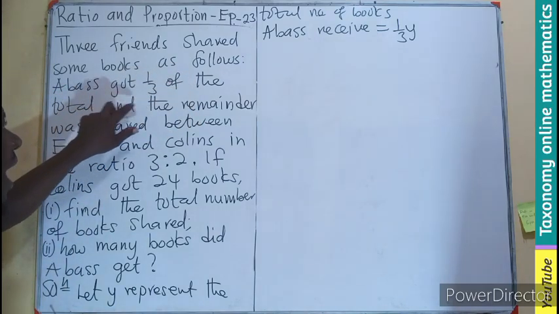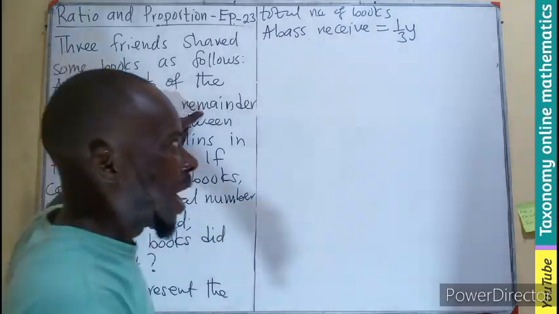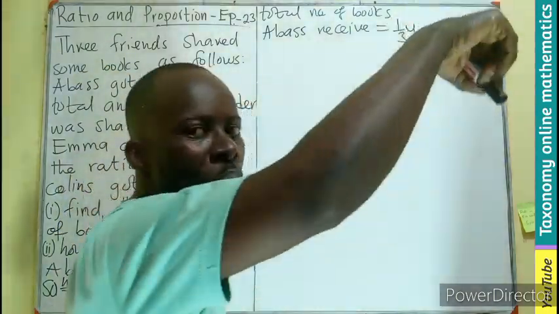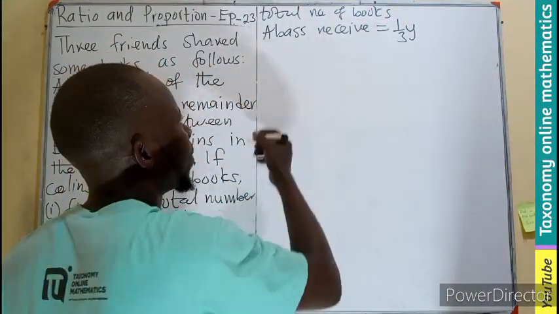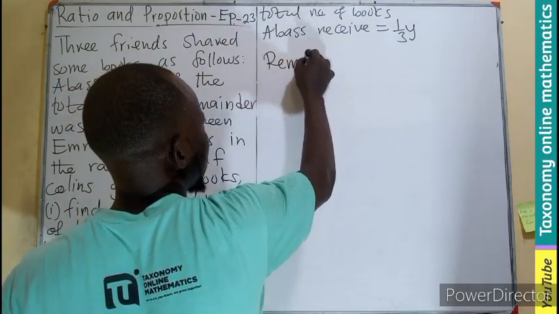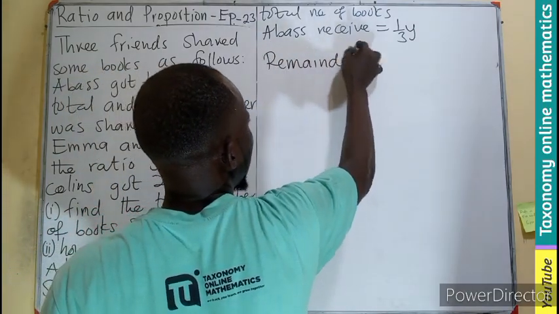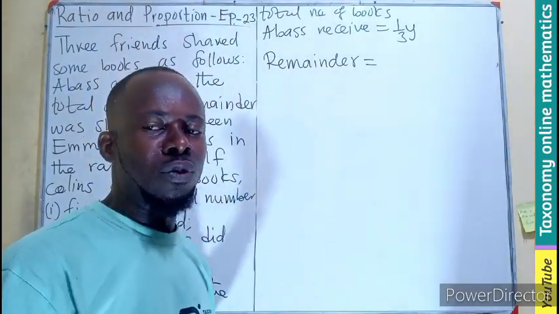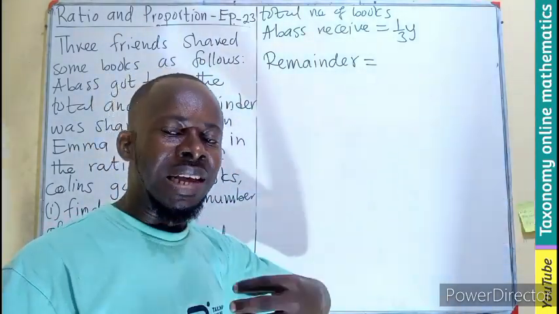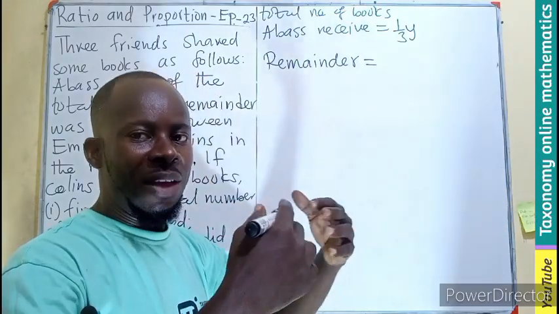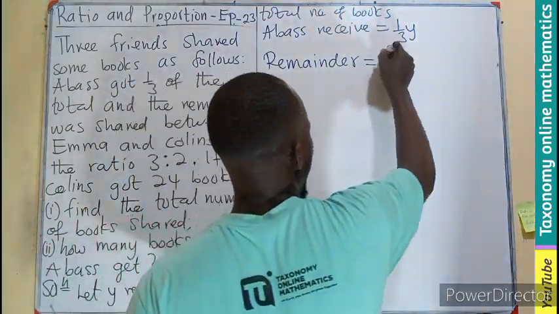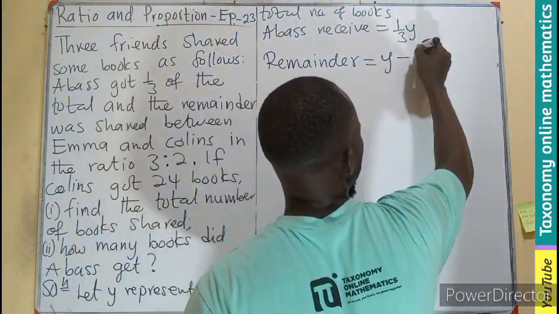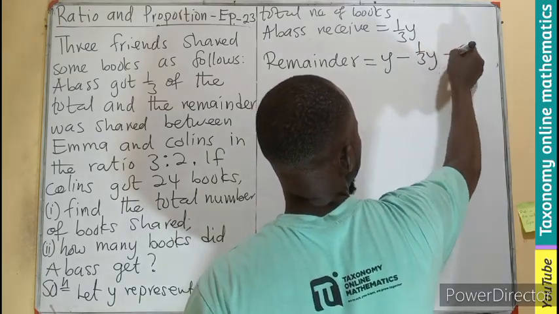We end here, and then the remainder. If Abbas has taken 1/3 of y, what will be the remainder? The remainder is going to be the total minus what Abbas has taken. We are left with the total, which is y, minus what Abbas received.